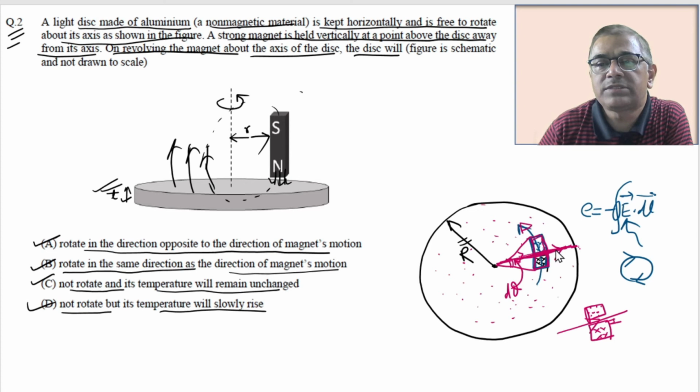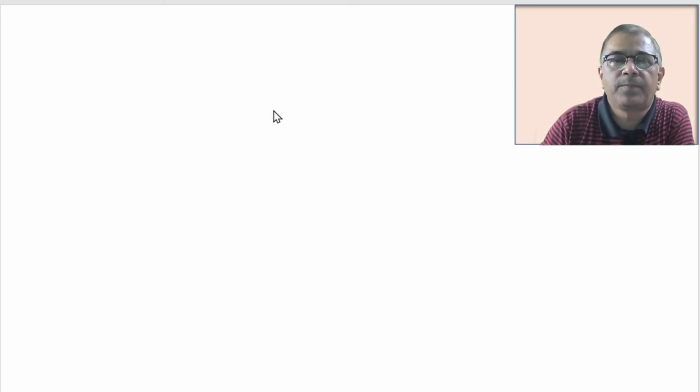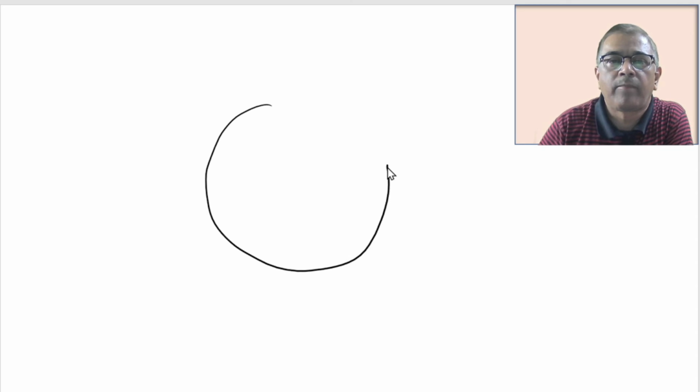Now let's see, because the current is radially outward, what it really means is the electrons should be moving in the inward direction. Let me draw this separately for you.